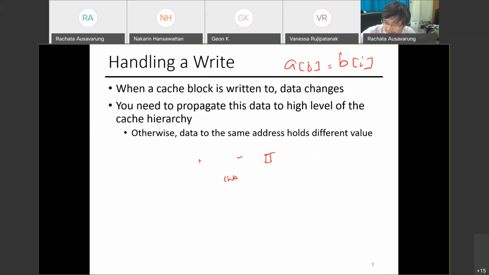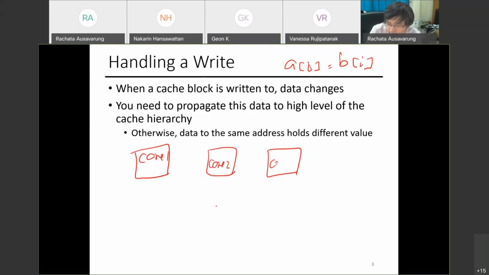You have something like this. This is what you get when you buy an Intel processor or AMD, the same thing. You have core 1, core 2, core 3, and then core 4, right?